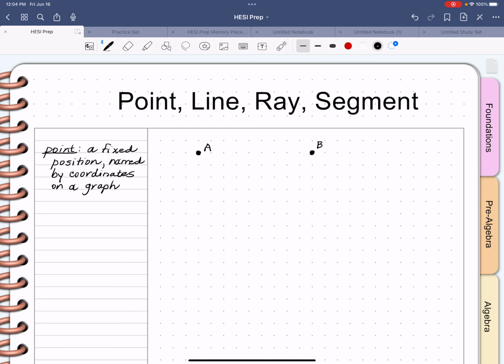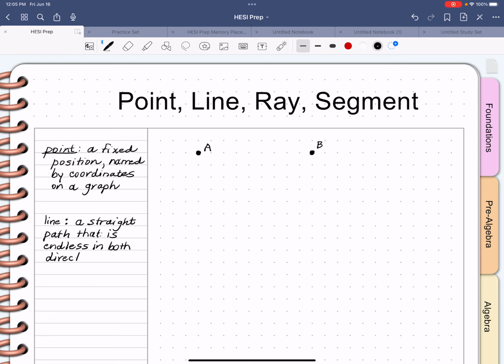Okay, the next word that we want to define is line. And a line is a straight path, and it's important that it's straight, that is endless in both directions. Now that's the key to identifying a line.